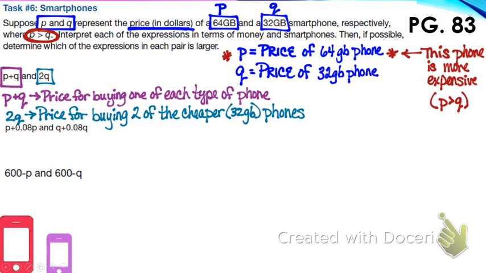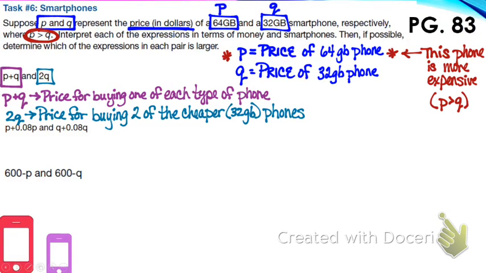All right. Everything in this class that we talk about is like real world based. So when in doubt, think of yourself in these situations. I want to try to figure out which one of these would be bigger or more. Would you pay more? Would the price be higher if you get one of each phone? Or would the price be higher if you get two of the cheaper phones?